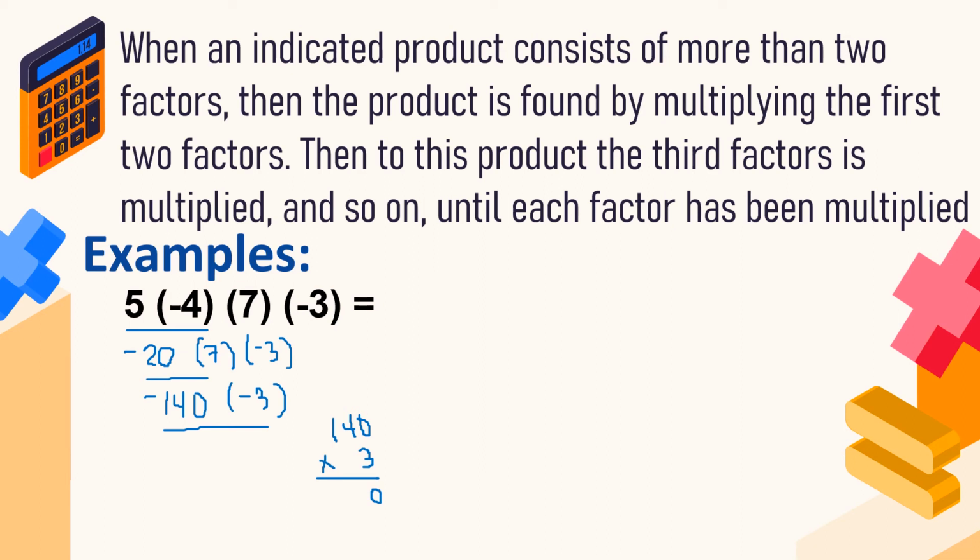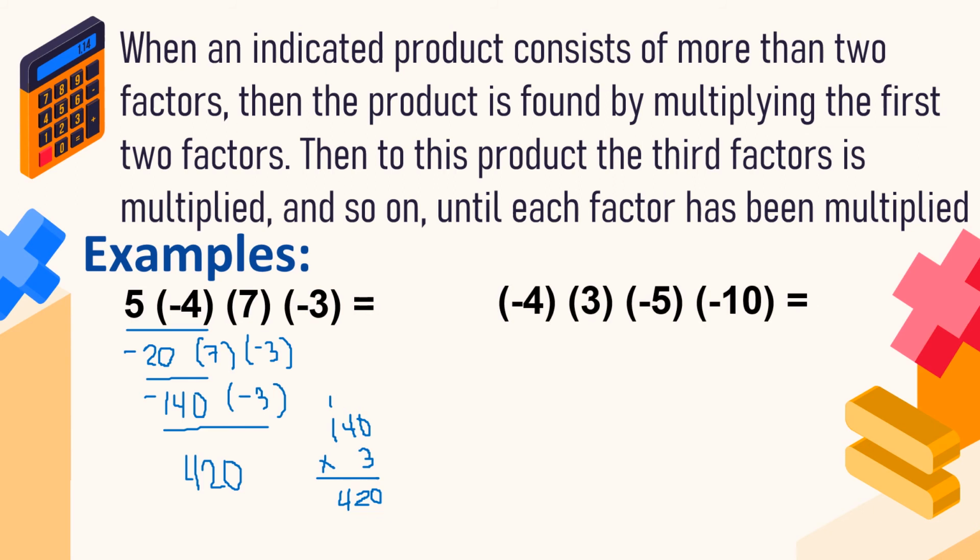And 3 times 4 is equal to 12. Carry 1. And 3 times 1 is equal to 3. Plus 1 is equal to 4. So, the answer will be 420.